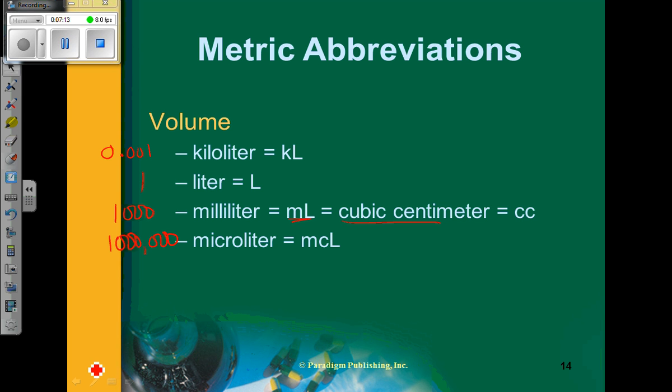Okay, so if you notice on the previous slide, I did the same thing, but it was with grams. Same thing with the liters. So what you're going by is this number is actually referring to the abbreviation. Milli, 1,000; micro, 1 million.